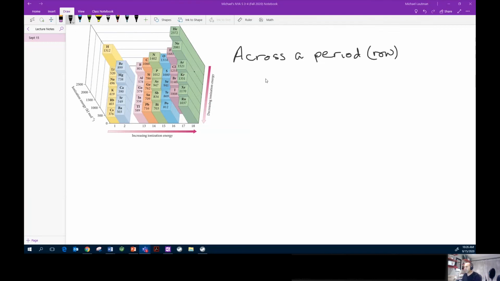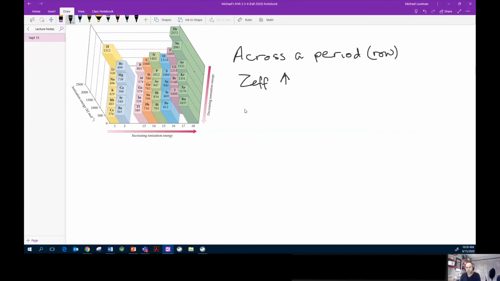Across the period, we know that the atoms get smaller, and the reason is that Z effective, the effective nuclear charge, goes up because of the way shielding works. Because the size of the atom is dictated by how tightly those valence electrons are held onto by the nucleus, that's the same force dictating how difficult it is to remove an electron.